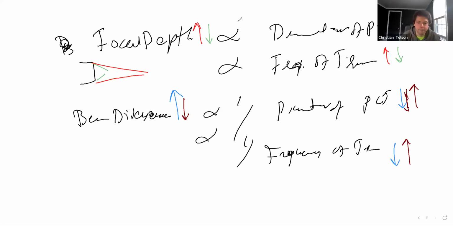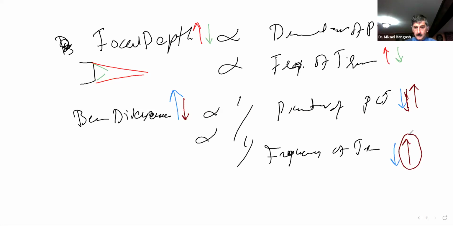Yes. Good. One thing that becomes important is that high frequency leads to lesser divergence. Let's look at it in the context of transducers.